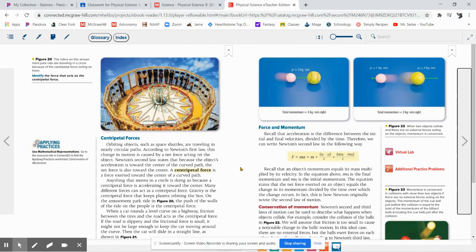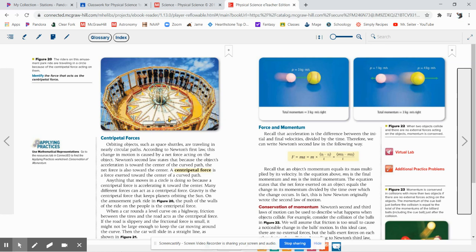All right, centripetal force. Centripetal force is that force that holds you in place on this beautiful roundup. They used to call these the roundup. I don't know what they're called now, but at one time it was called the roundup. And you can feel yourself being pushed back against the wall. That is centripetal force. Any kind of acceleration or force in a circular motion is centripetal.